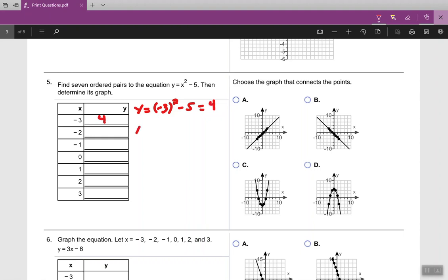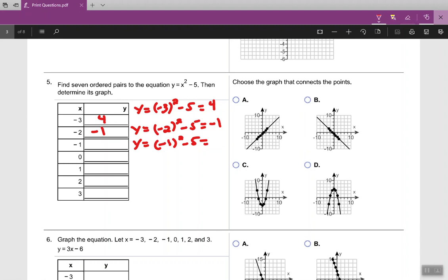And then we'll do the same thing. We will replace x with -2 and see what we come out with. So y equals -2 squared minus 5. So -2 squared is +4, and 4 minus 5 is -1. And then we'll continue with each one of those values.